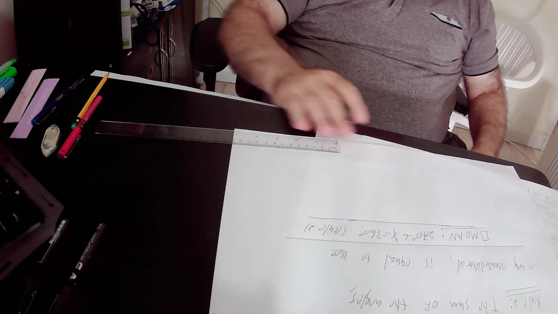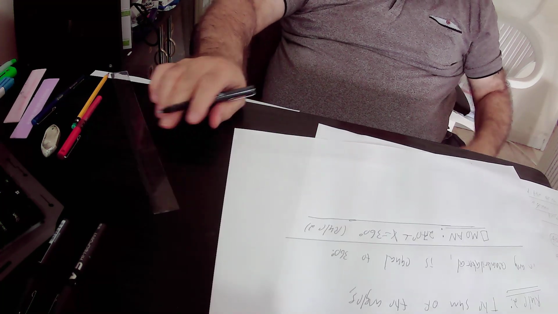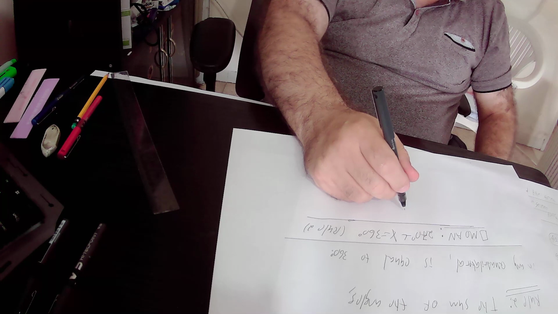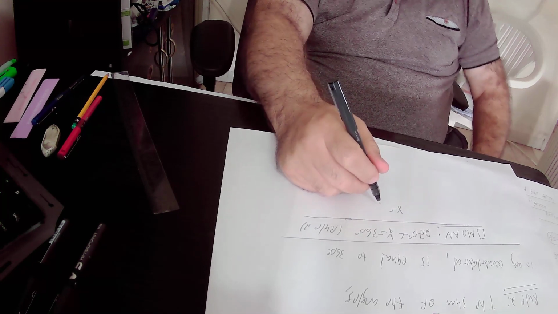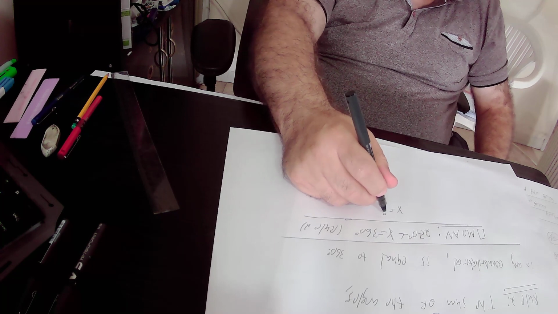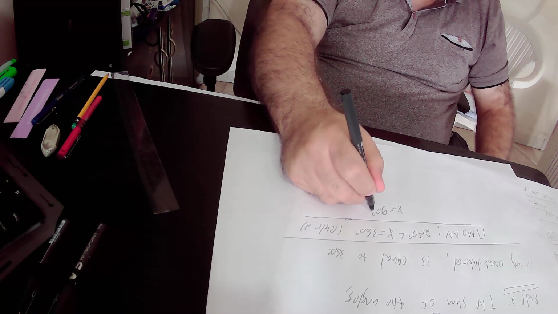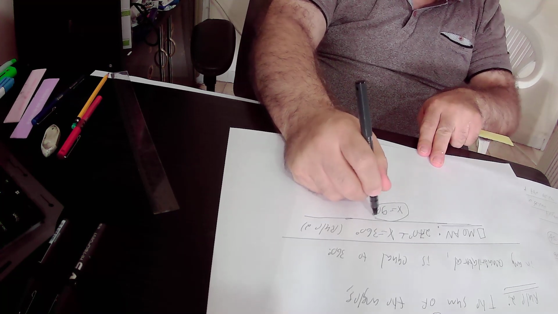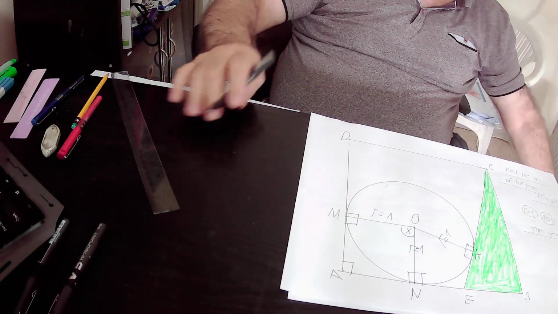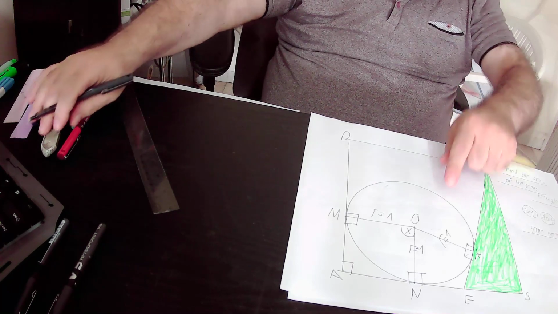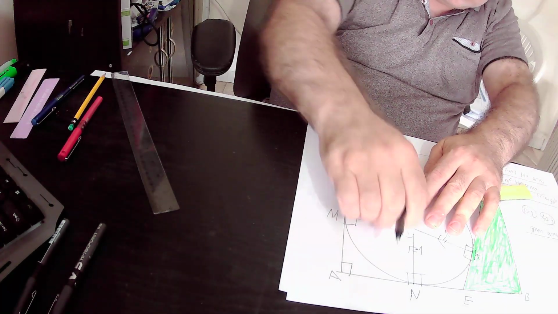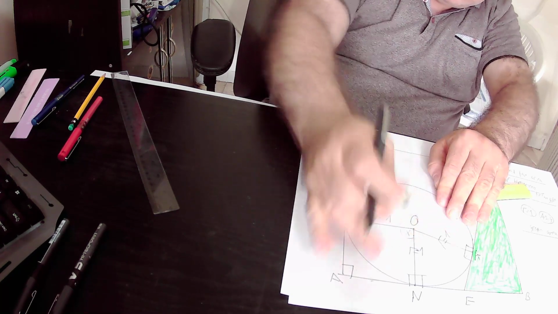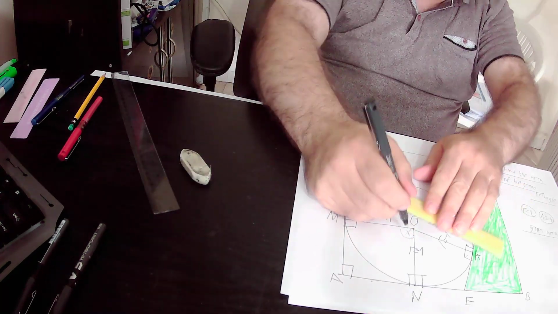So here we will subtract 270 degrees from this equality, and we get that angle X equals 360 degrees minus 270 degrees, which equals 90 degrees. So we found out that angle X is a right angle, and we can substitute X by a right angle because it equals 90 degrees.